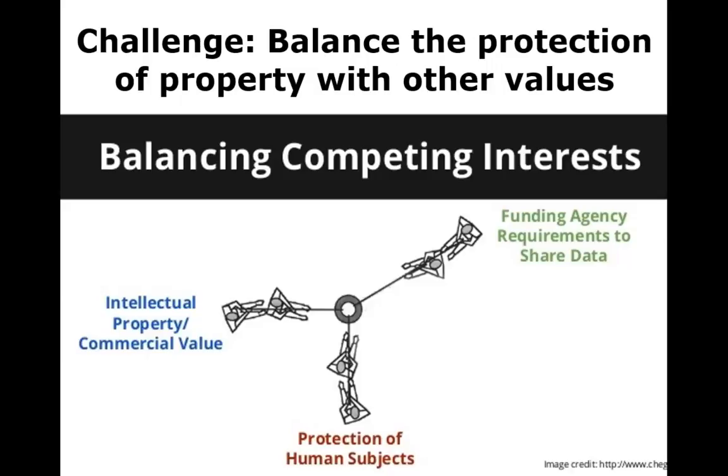And last but not least, funding agency requirements to share data. It is a very important point for any business to know this challenge and to find the best way to balance them. That is the end of my presentation today. Now let's move on to the next part of our group presentation.